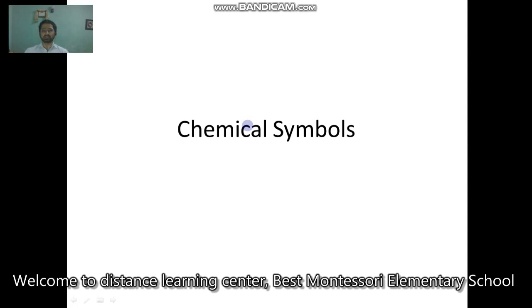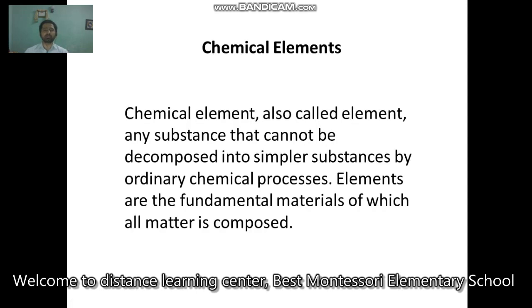Before starting onto the symbols, we first have to know the very simple substances that are known as chemical elements. Simply, they are also known as elements, and they are the substances that cannot be broken down into other simple substances by simple chemical processes.